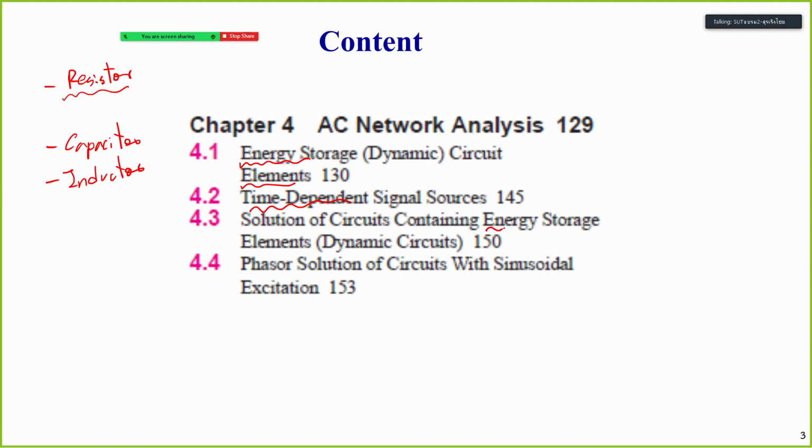With these energy storage elements, I will then introduce how to compute AC circuits using phasor techniques, the phasor solution, which will help us solve the AC circuit more easily.